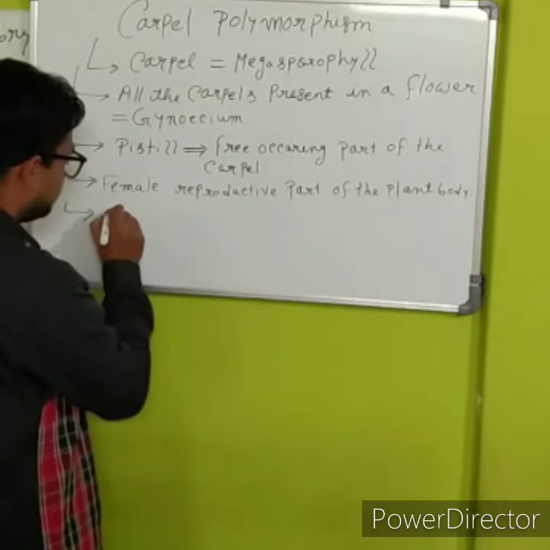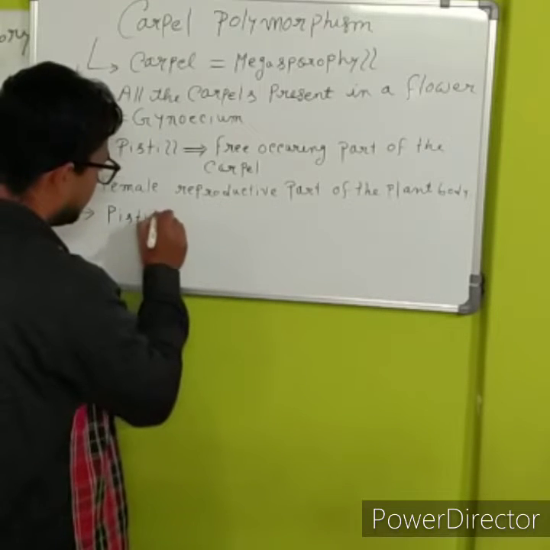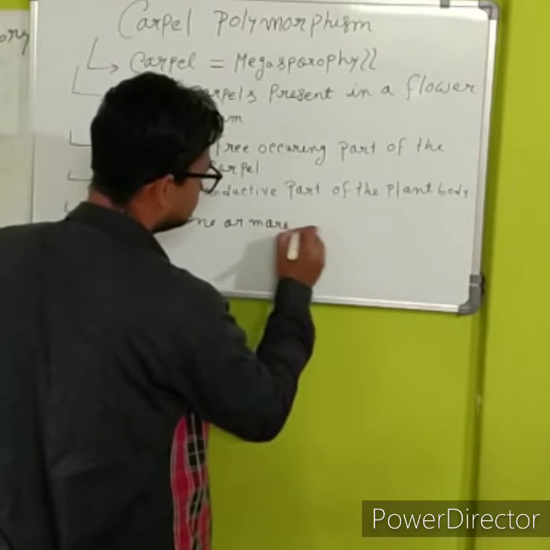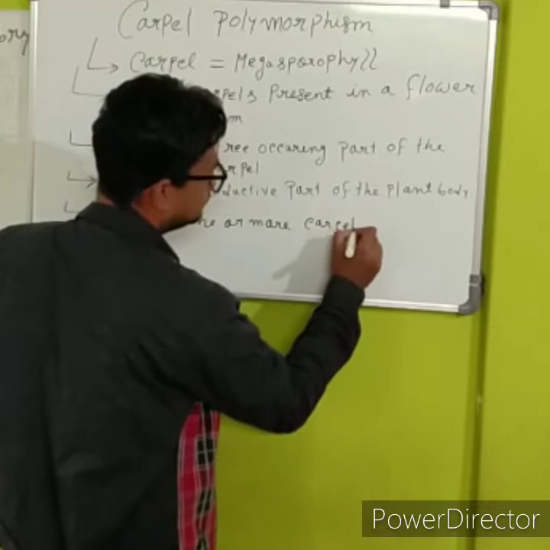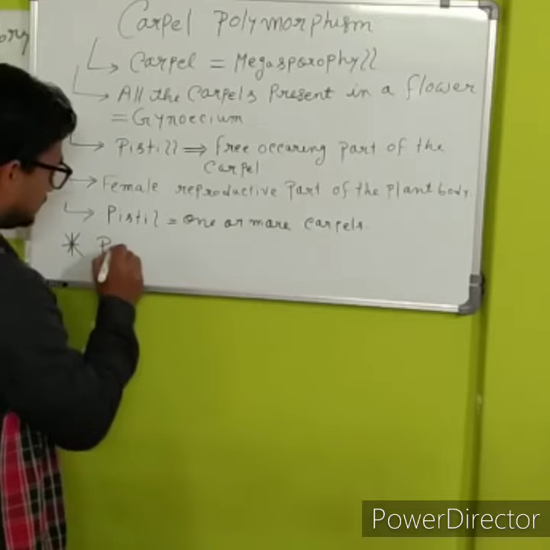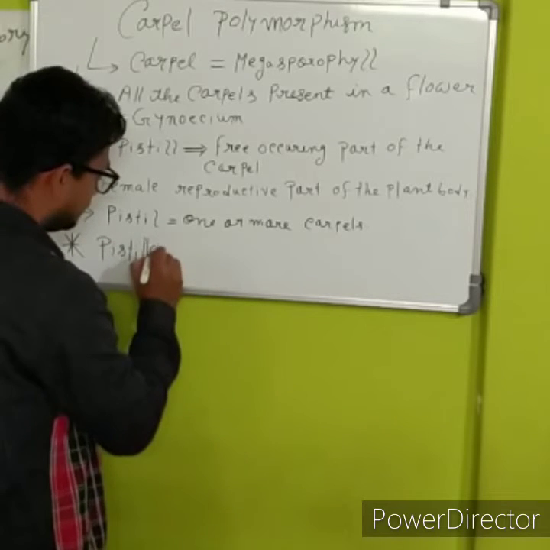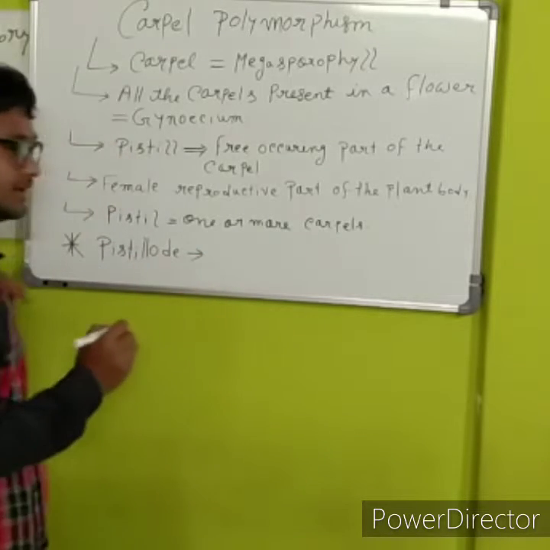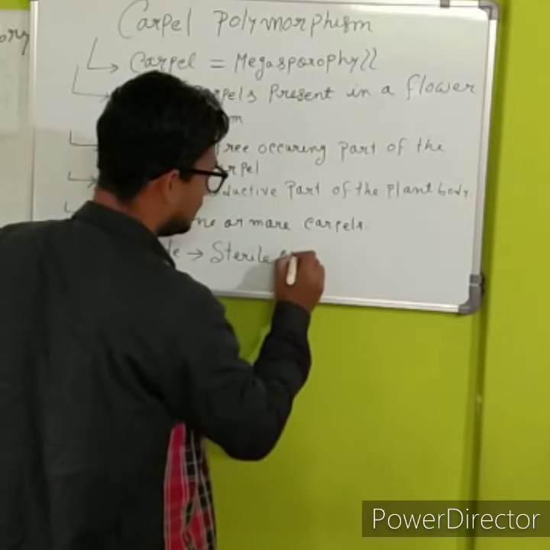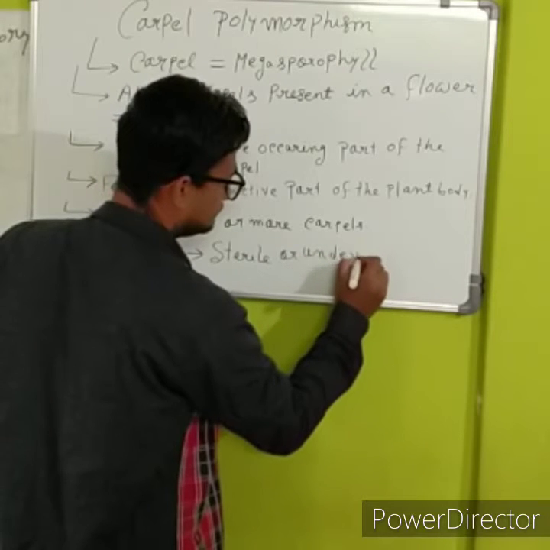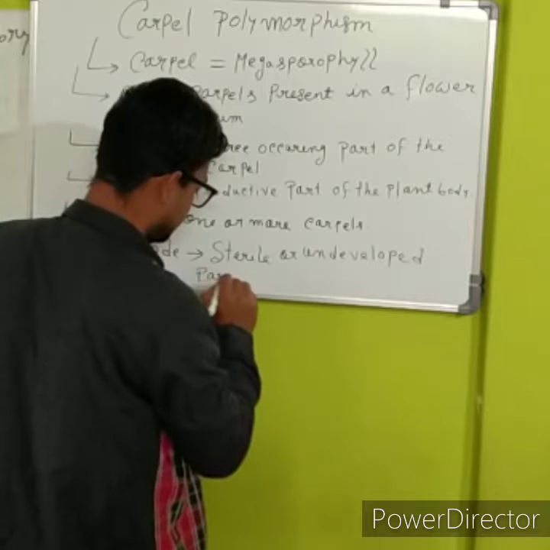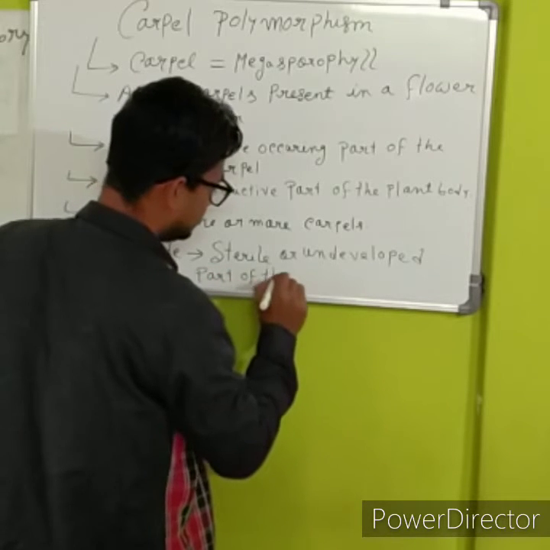Again, a pistil has one or more carpels. There is another term called pistillode, and it is the sterile or undeveloped part of the pistil.